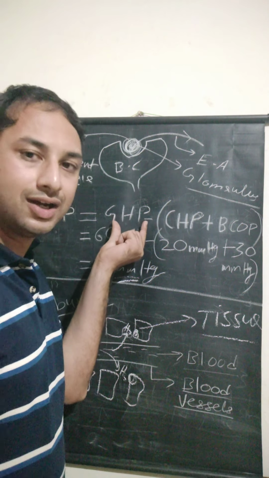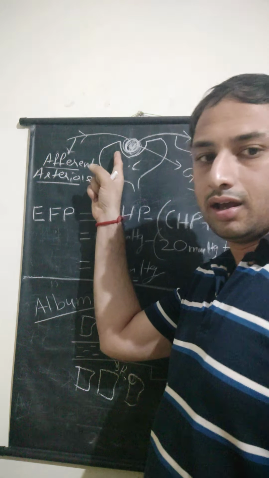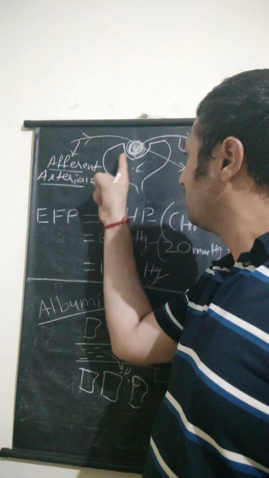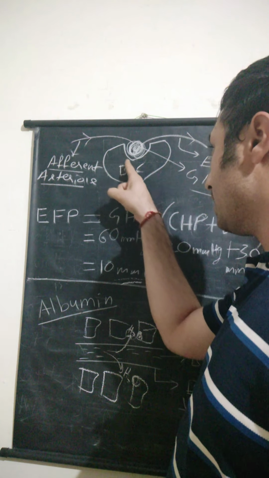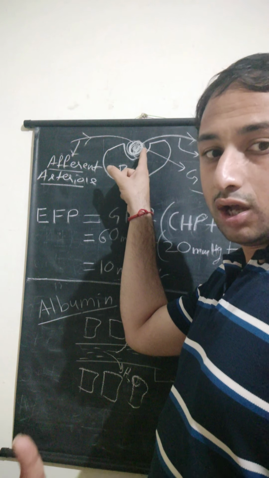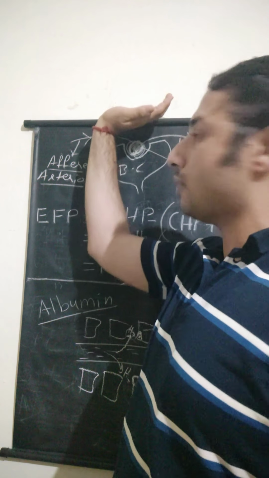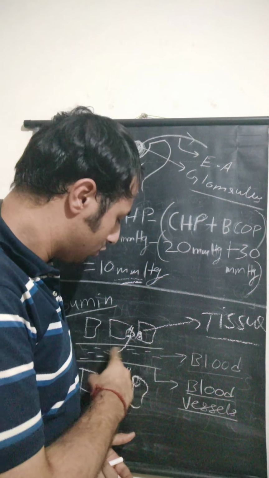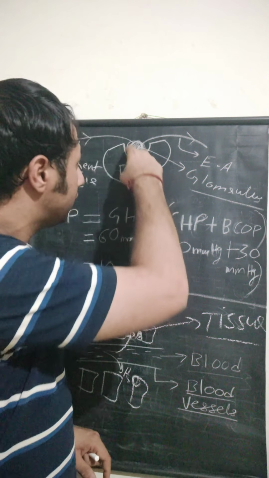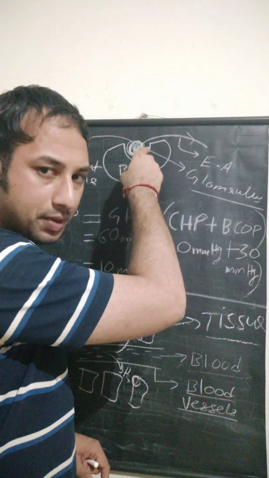Now, glomerular hydrostatic pressure applies pressure so that the filtrate should come into the Bowman capsule. But the epithelium of the Bowman capsule opposes it with capsular hydrostatic pressure. And one more thing, blood colloidal osmotic pressure: albumin is also not allowing the filtrate to come out of the blood capillary.